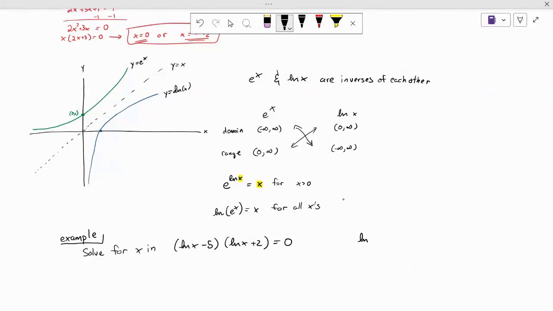As a side note, I could have said that this is (log x) squared minus 3 log x minus 10, and then you'd have to recognize that this is a polynomial in log x. But again, to solve for x here, it's already factored. That means that either the first factor is 0 or the second factor is 0.